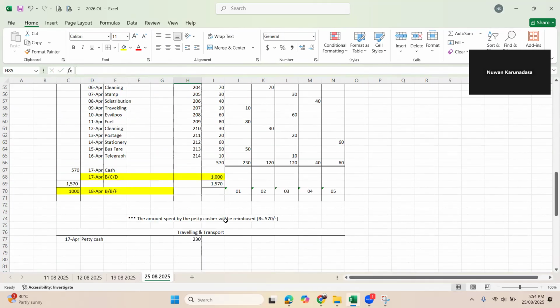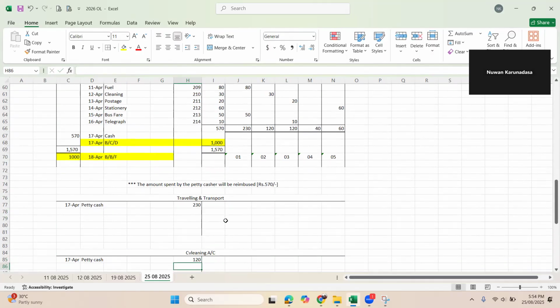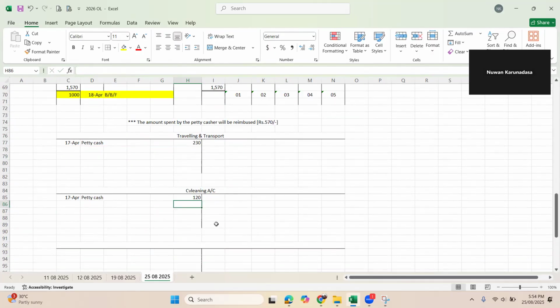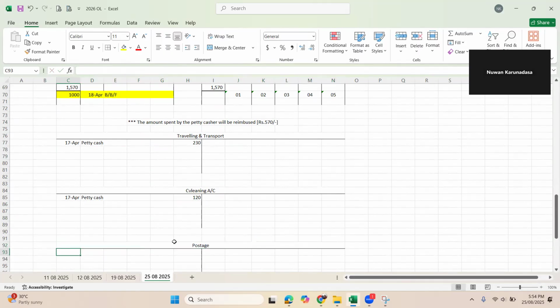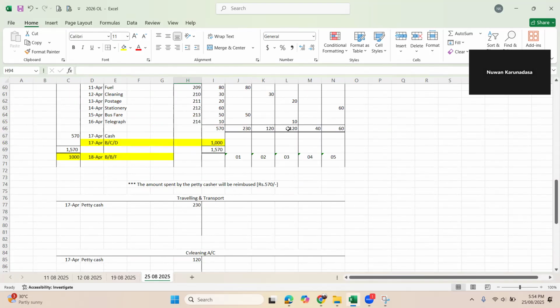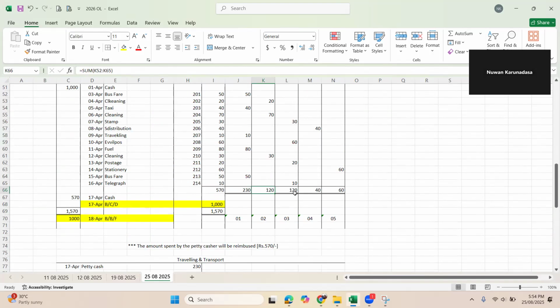The total came to 120. Then postage again 120, petty cash. Then distribution cost 40.